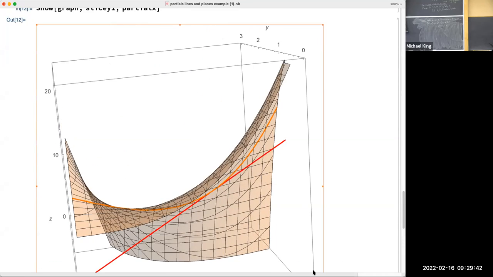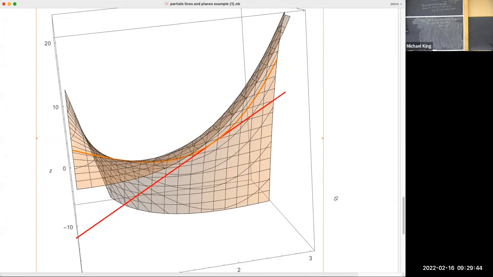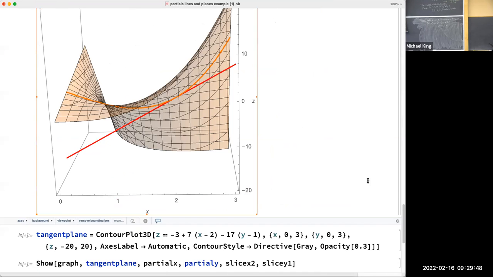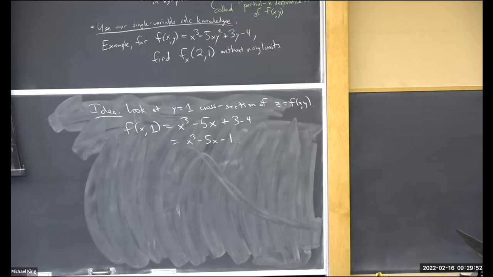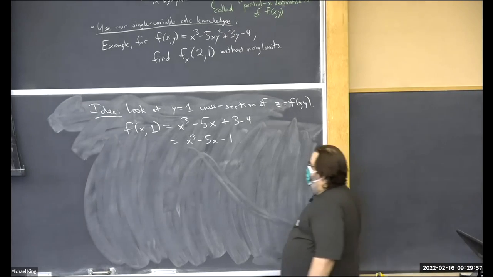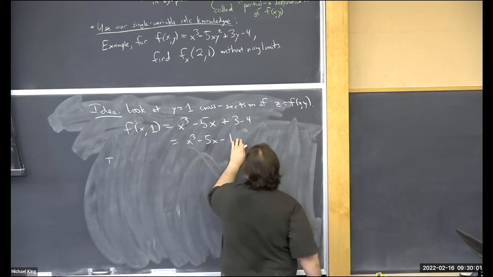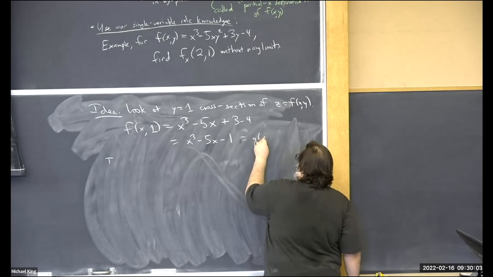Okay, and so really all we do, I mean, this isn't super impressive, but what we can do is we can just basically say, look, this is a function of one variable right here. We could almost call this like g of x or something like that, right?